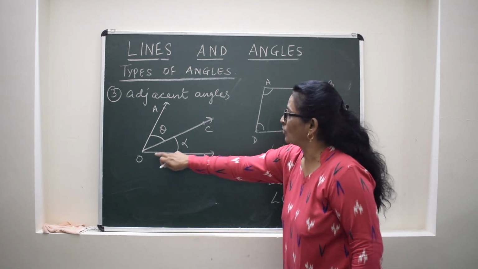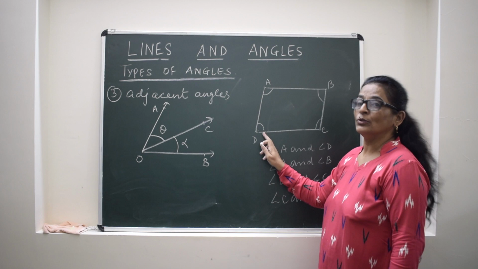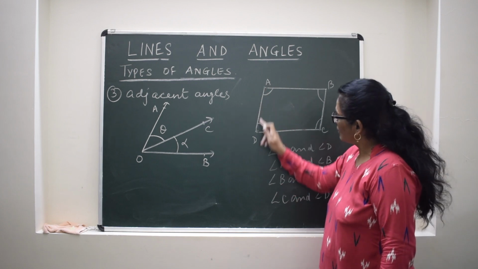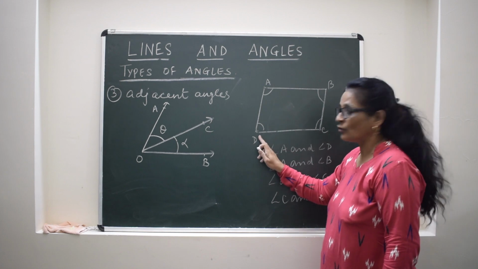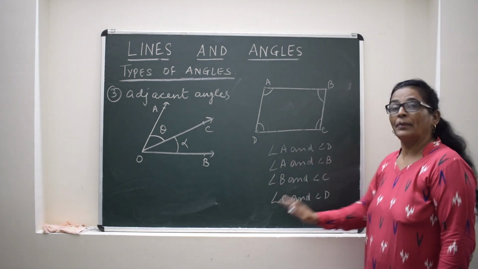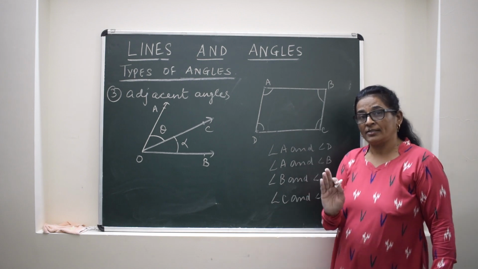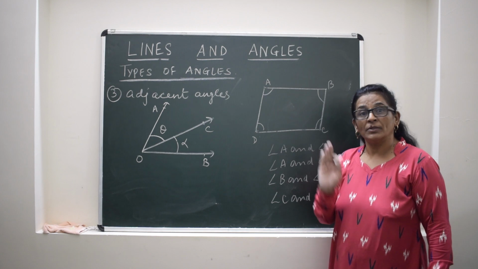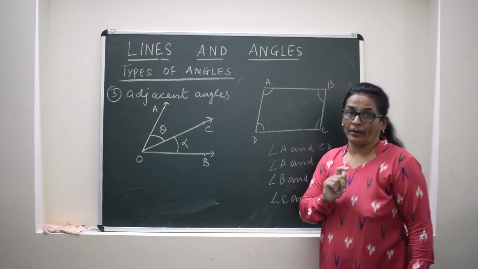Here they are sharing the common arm like this, and here angle BAD you can say. So this arm is coming for angle A as well as for angle D. So here also these are the pairs of angles which are called adjacent. Now the adjacent angles whose sum is equal to 180 degrees will form a linear pair.